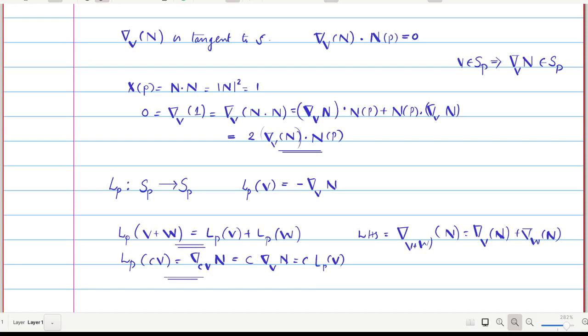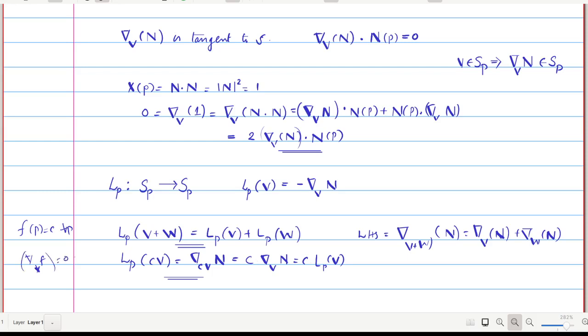We have discussed three properties: del V of x plus y is equal to del V x plus del V y. Similarly, del V of f x, where f is a scalar function, equals del V f times x of p plus f of p times del V x. If we replace that scalar function by a constant function, f of p equals c for all p, then by definition del V f will be 0.